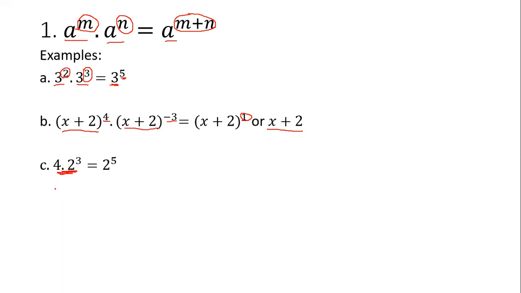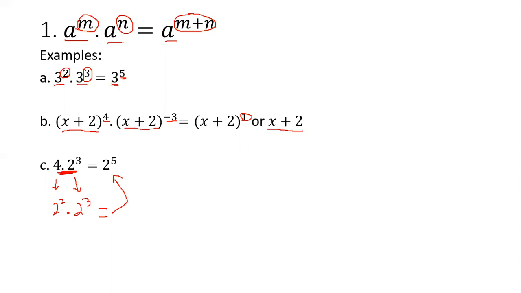However, we should remember that 4, okay, is equivalent to 2 squared. So if you're going to use that, ayan, 2 cube, ito po siya, we will be coming up with 2 raised to 5.